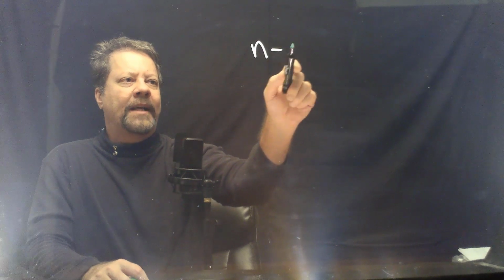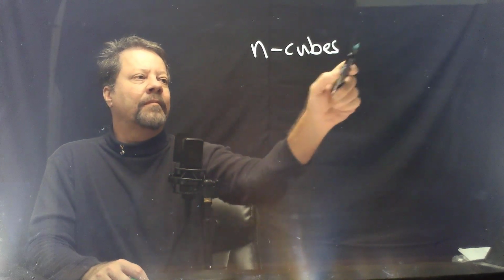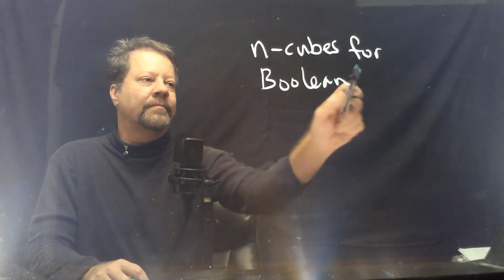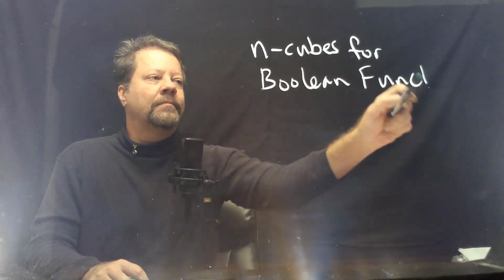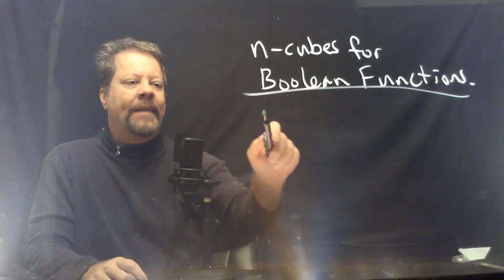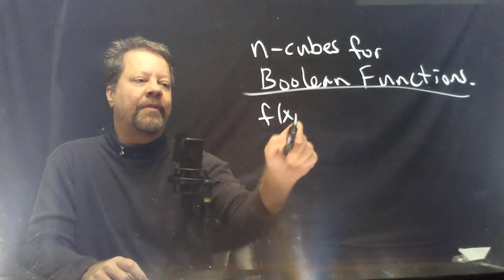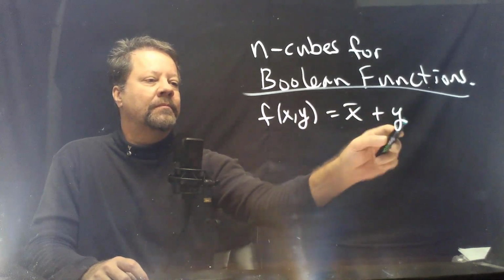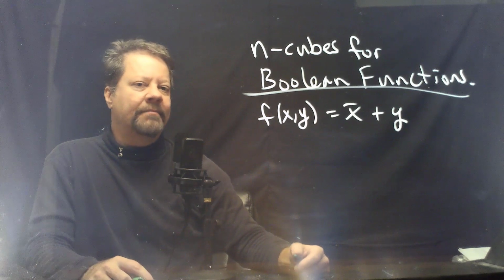There's a concept called n-cubes for Boolean functions. So to explore this, I'd like to go back to the Boolean function that we've looked at just a moment ago, x bar plus y.